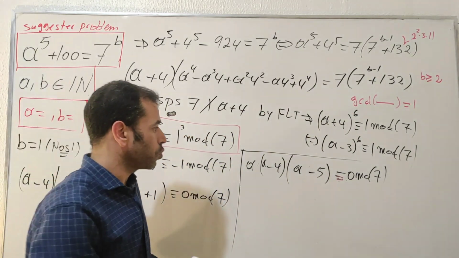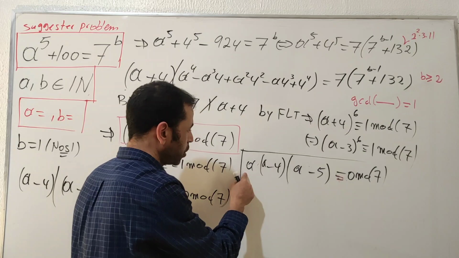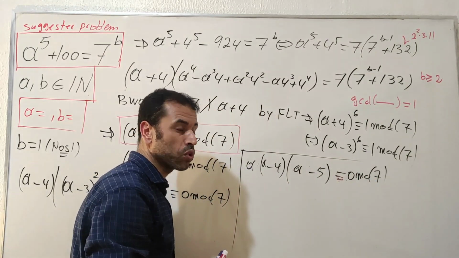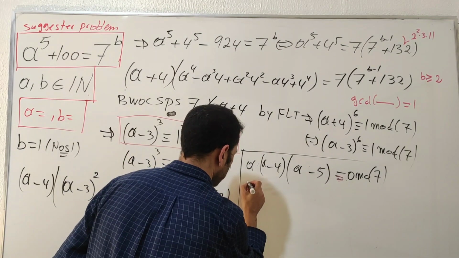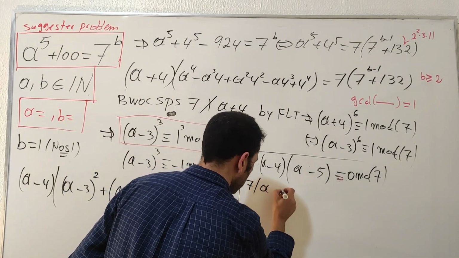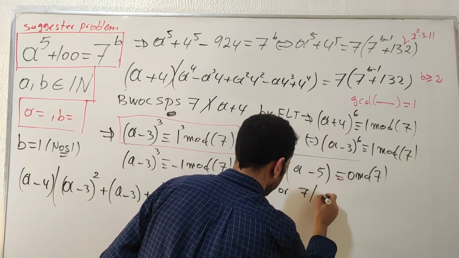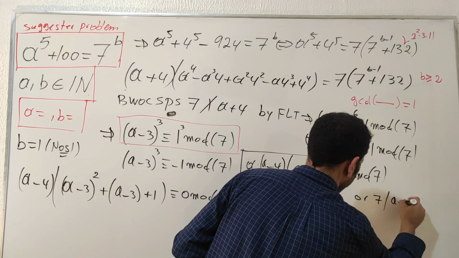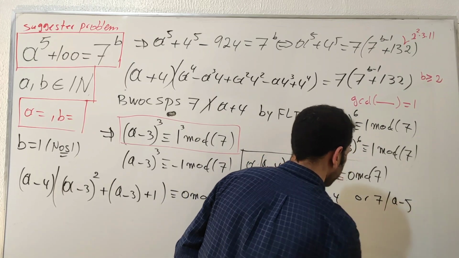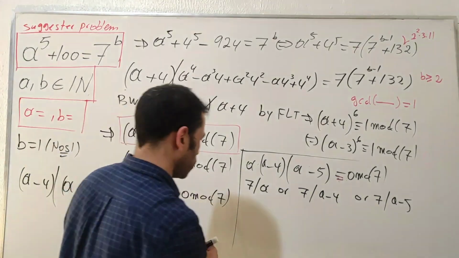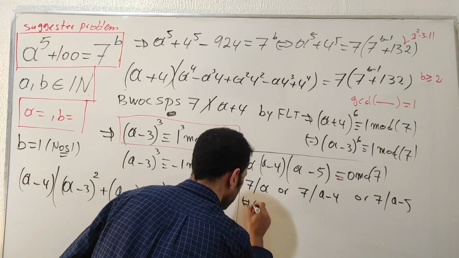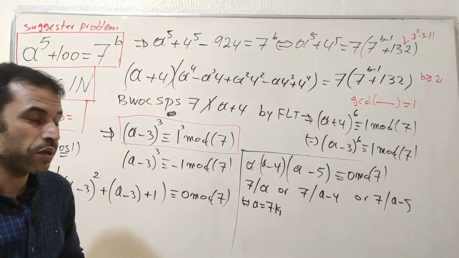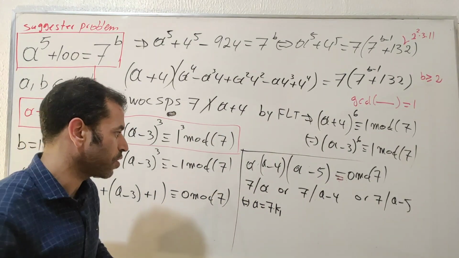So what does this mean? It means 7 can divide a, or 7 divides this one, or 7 divides this one, but we don't know which one 7 divides. So 7 divides a, or 7 divides a minus 4, or 7 divides a minus 5. It's more clear. Okay, so I'm going to go through each one. This one is equivalent to a equals 7 multiplied by k1, according to the division statement, which means a is a multiple of 7.